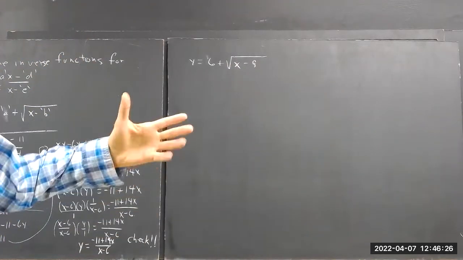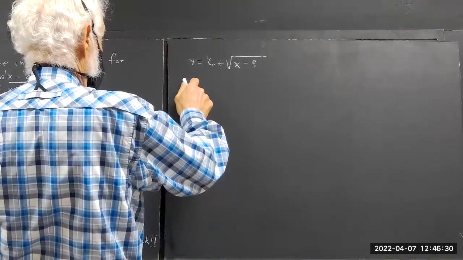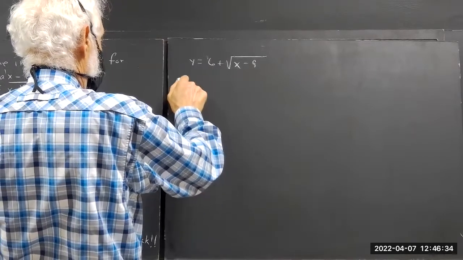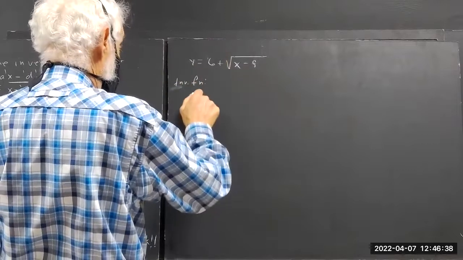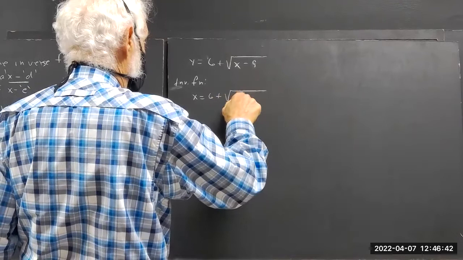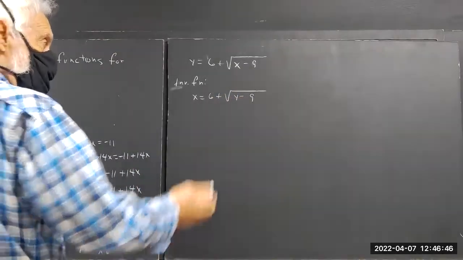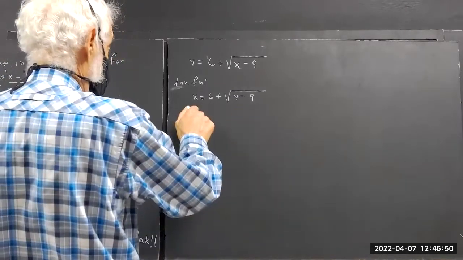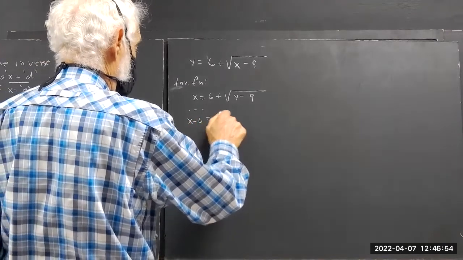We get y equals 6 plus the square root of x minus 9. For the inverse function, we switch x and y, and we get x equals 6 plus the square root of y minus 9. And we solve for y. Well, we subtract 6 from both sides. I'm not going to write out the details of that.